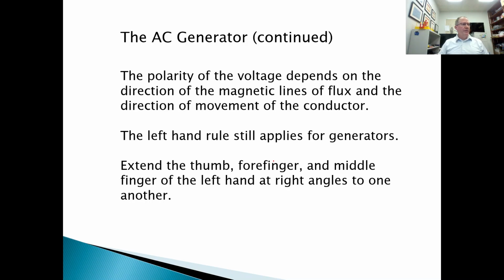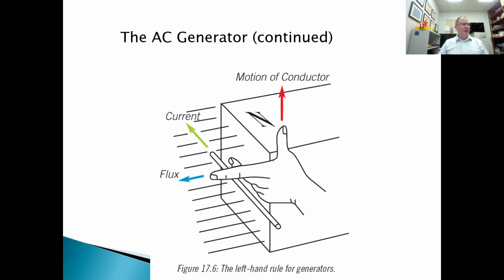So you extend the thumb, forefinger, and middle finger of the left hand at right angles to one another. And that determines the motion of the conductor, which is your thumb, the current is your middle finger, and then the flux is your pointer finger or your index finger.